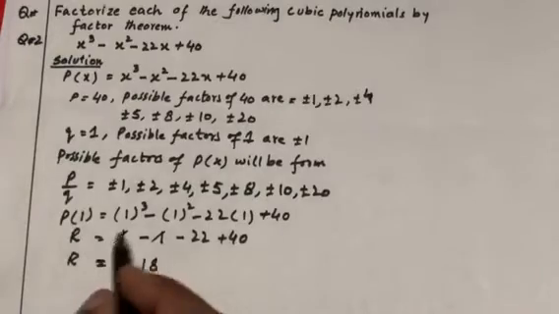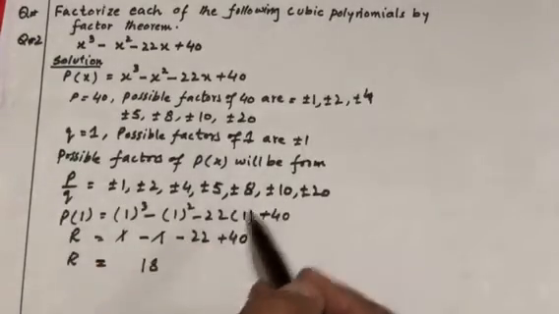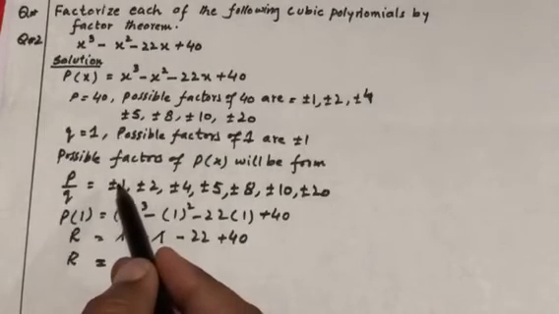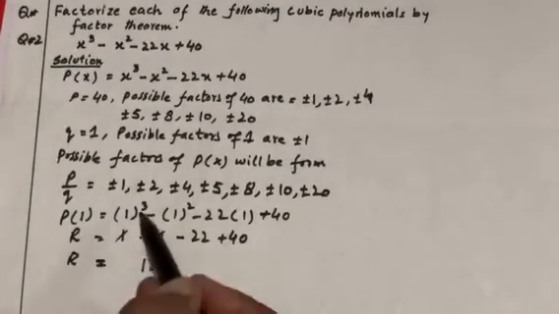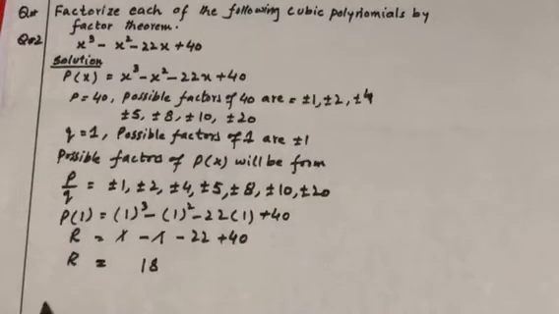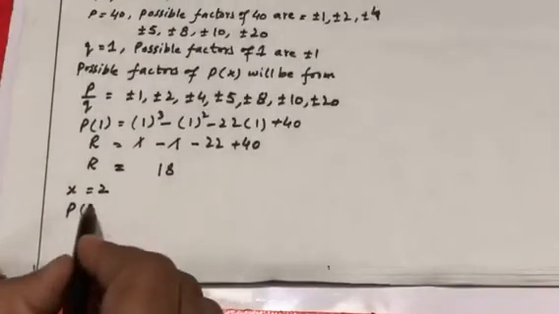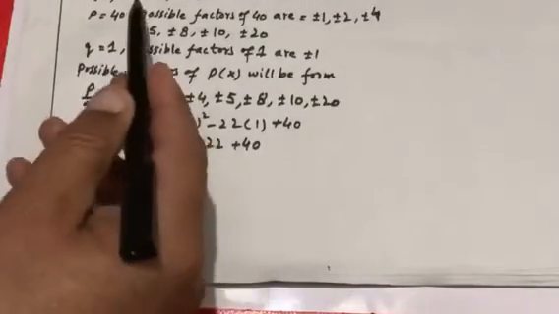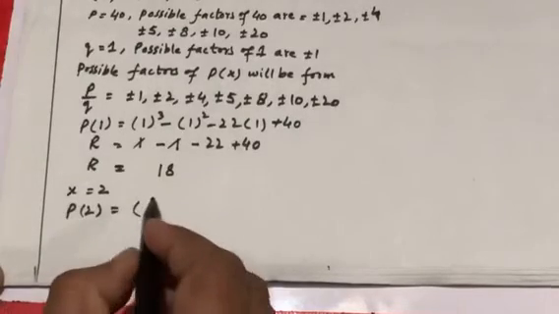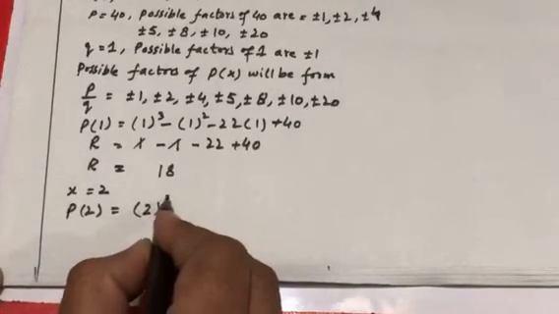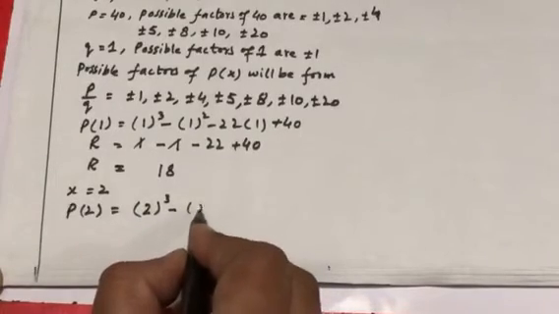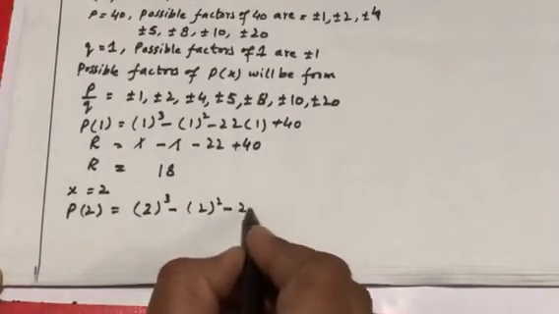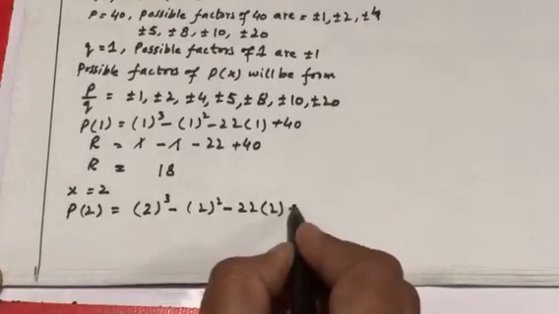So now one by one we will take all the factors. If by taking the factor the remainder is equal to 0, then it will be a factor of the cubic polynomial. If we take x as 2, then put it in the polynomial. So p of 2 is equal to, by replacing x by 2, 2 raised to power 3 minus 2 raised to power 2 minus 22 into 2 plus 40.